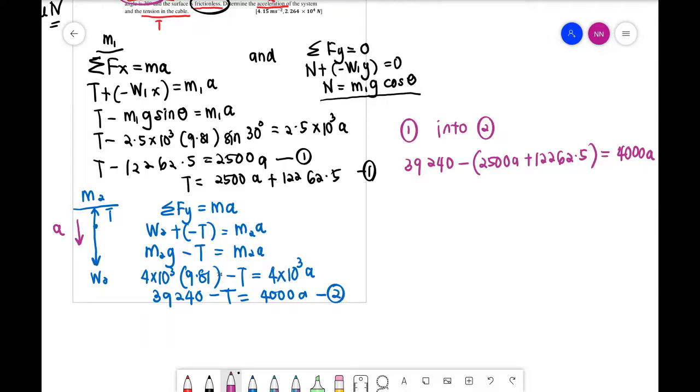For this equation you have only one unknown, A, so we can determine A.